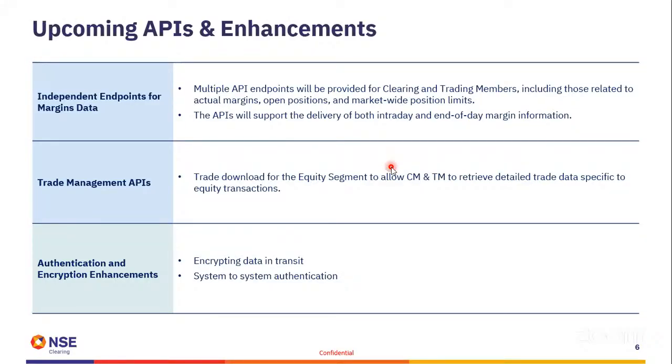Just like we have exposed trade management APIs, the margin APIs are another area where we intend to expose APIs, so that the dependency on the NMAS front end for margins goes away and members can consume margins via the API route. We will be exposing all the data currently available on the NMAS front end, so you can consume it independently via API endpoints and take it into your system if need be.